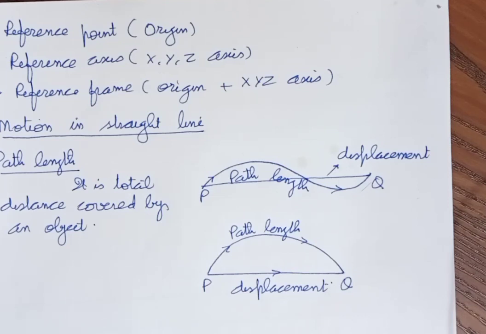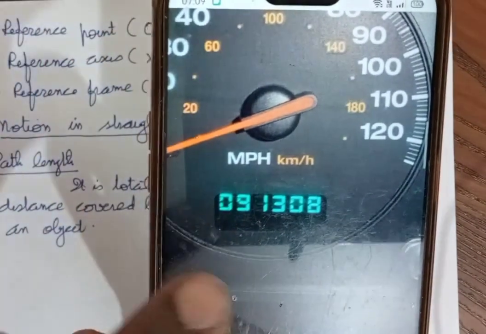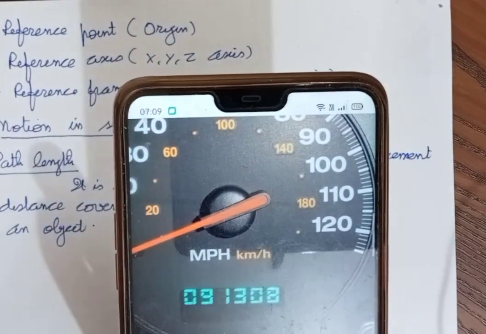Now see, odometer. Such kind of things are there on your bike. One is the speedometer. This above one is the speedometer which is showing speed.